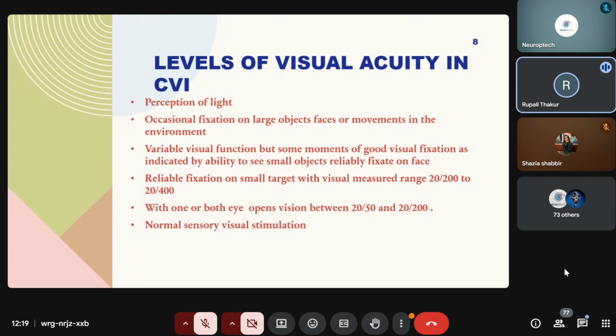So this is a very important table, called the Hyatt classification, which everybody should understand, how we are going to judge visual behavior to say that this child may have CVI. If you are going to see a child who is 6 months or 3 months old, you are going to show some light.